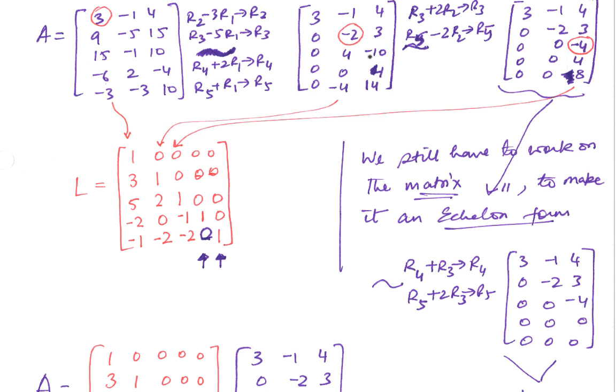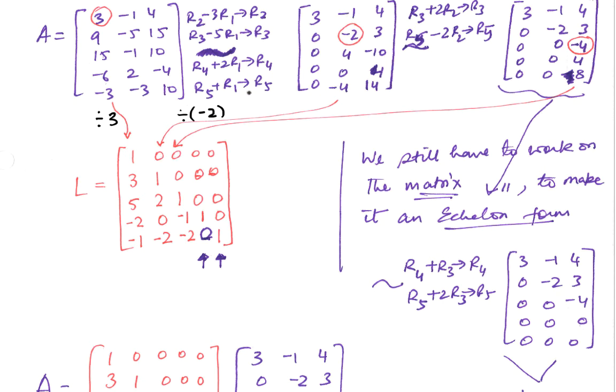Now we go back and look at the next pivot column and the next pivot element. Just as we divided by 3 before, here you're going to divide by -2. We don't do anything on the top, guys, because this is always going to be 0.